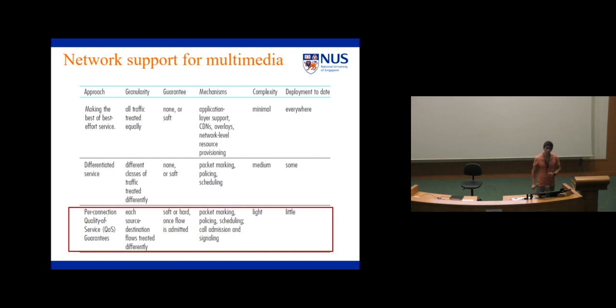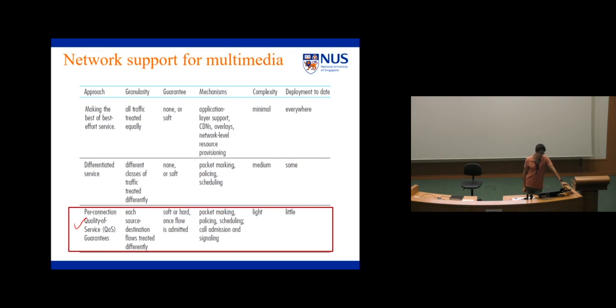But then the question is, can we provide hard, full guarantees to different kinds of applications using IP networks? Can the network actually guarantee that an ongoing flow in a high priority traffic will be serviced based on the quality of service requirements for the whole service duration?